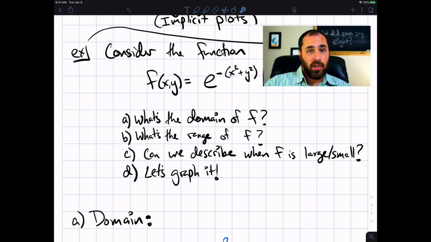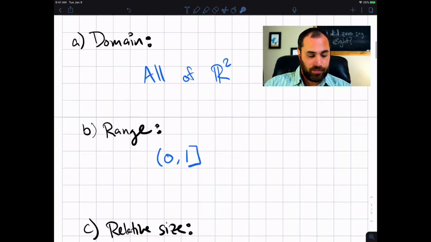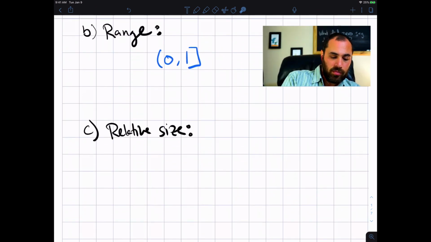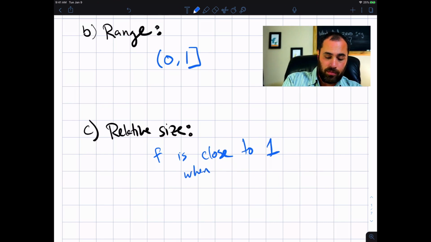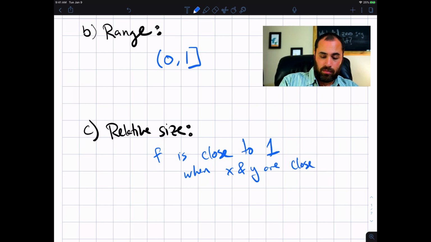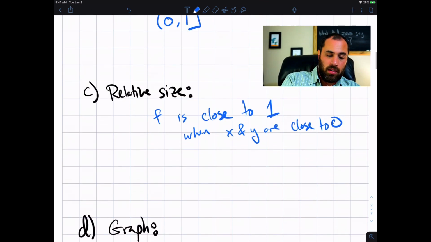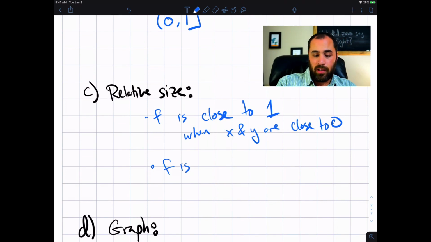And in fact, this happens very quickly, which we'll see on the graph. So we might say something like f is close to 1 when x or y are close to 0, and f is close to 0 when x or y is large.